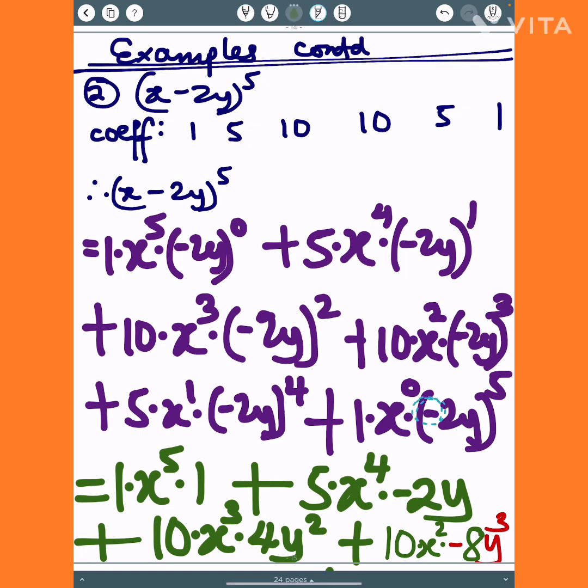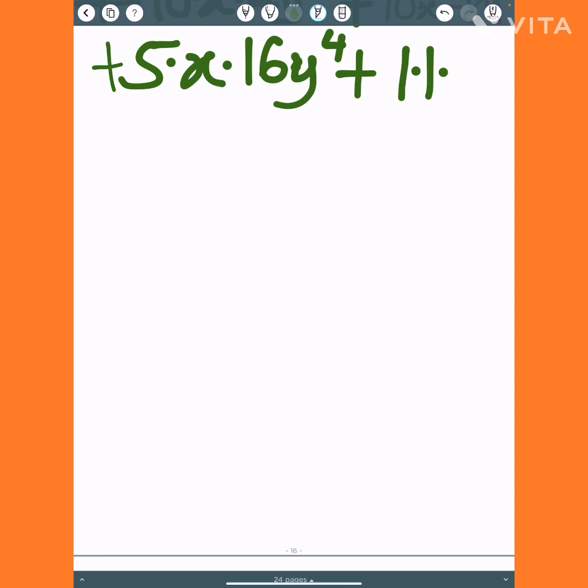Please follow me. Minus raised to power 5 is minus because odd is negative. So minus raised to power 5 is minus. 2 raised to power 5 is 32. Then y raised to power 5 is y^5. So let me write that in red to distinguish it. Minus 32 y raised to power 5.